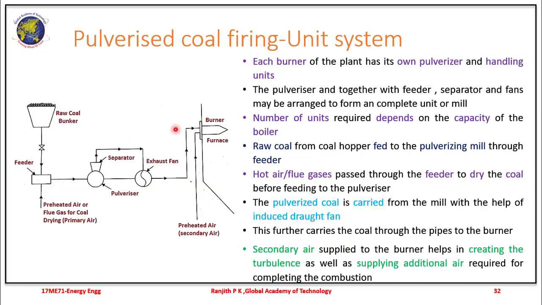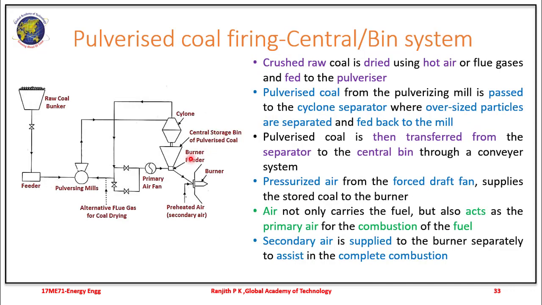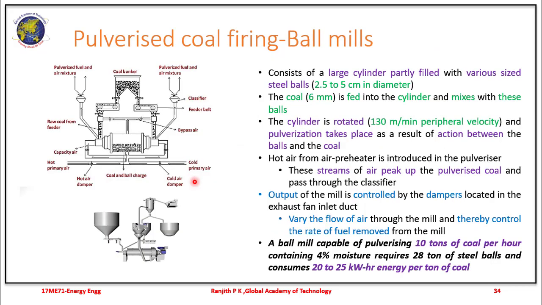The only difference is that in a unit system, it is given to each furnace burner, whereas here it goes into a feeder and from the feeder it is provided to the burners. So there could be many systems of usage of a boiler or a burner, and through the centralized storage bin, the pulverized coal is fed to each of these burners.